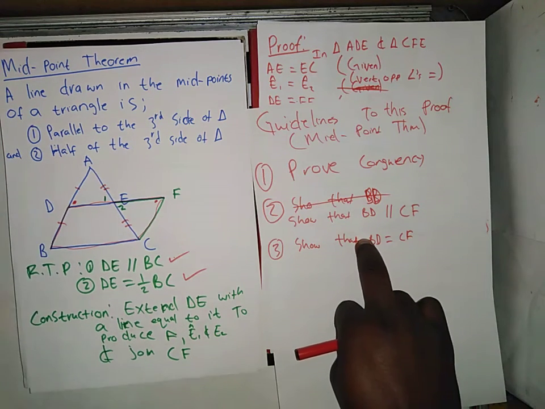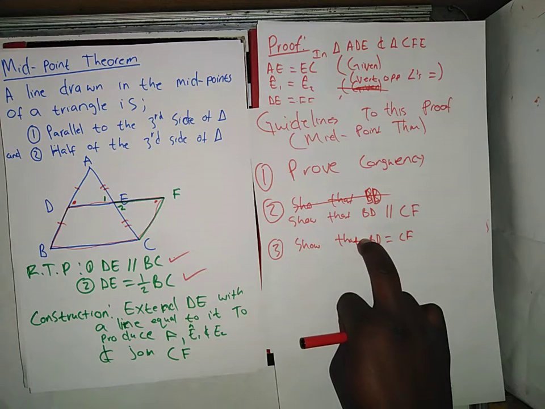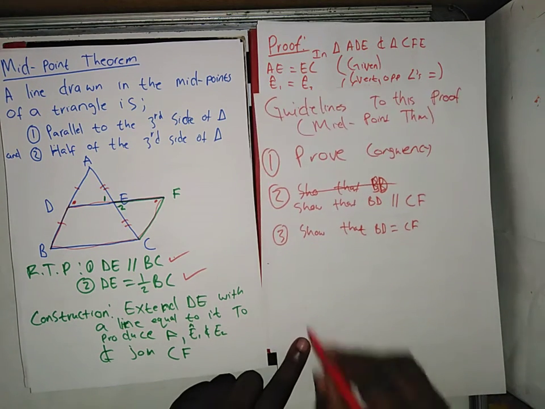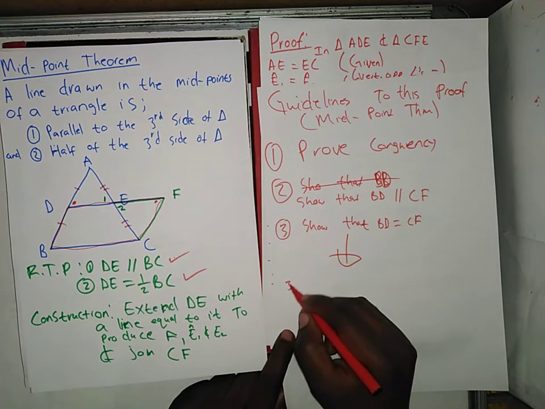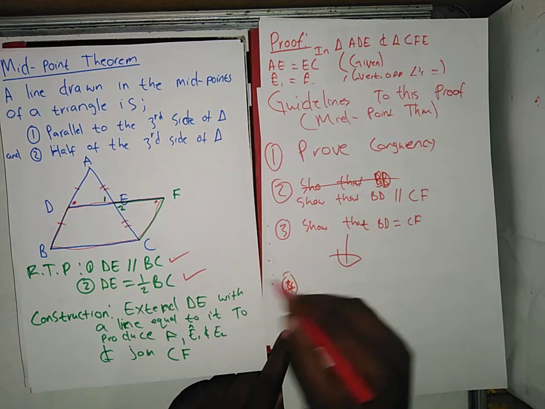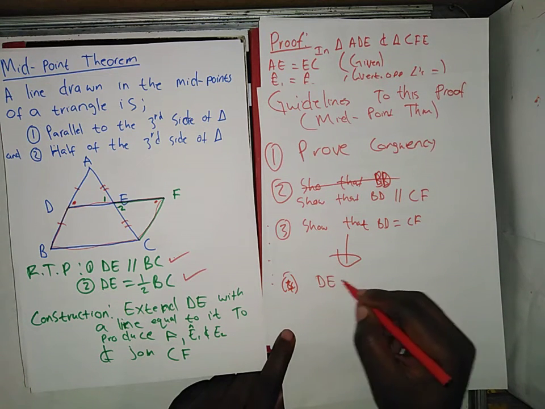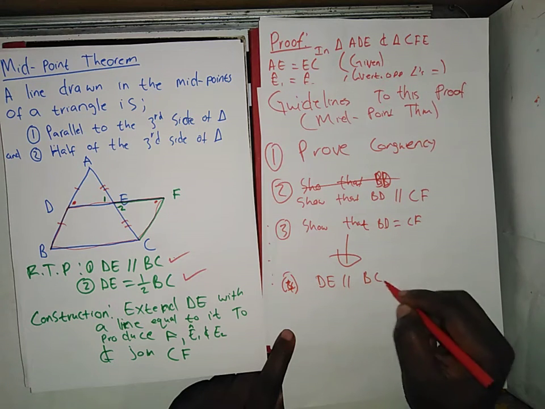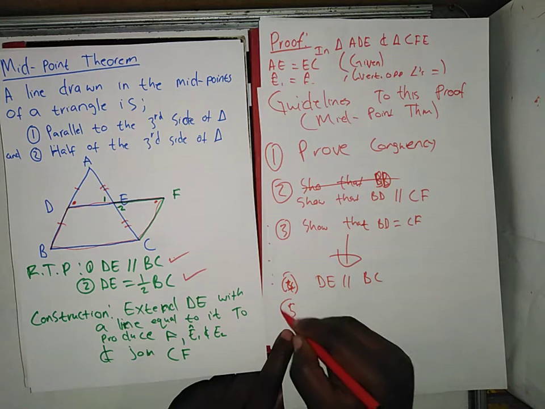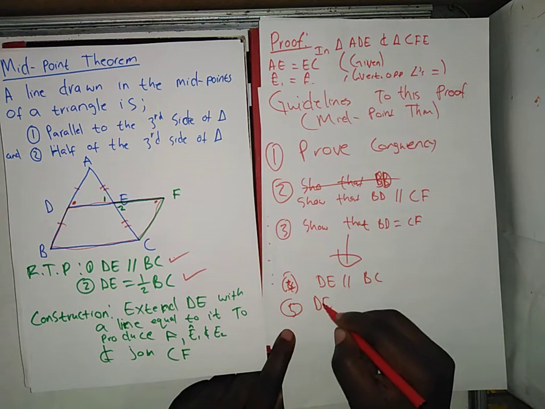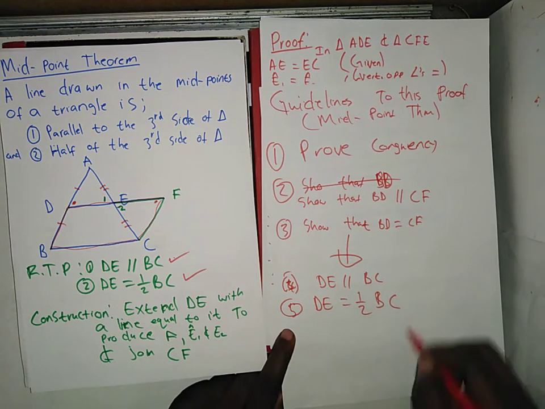Therefore, when you are done with the parallelogram, the last thing to do is just to show the main properties. Then from there, this leads you straight to number 4, which is the main number 1, showing that DE is parallel to BC, and then number 5, that DE is equal to half of BC.